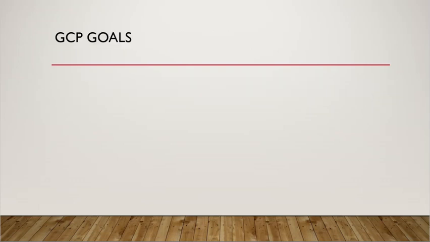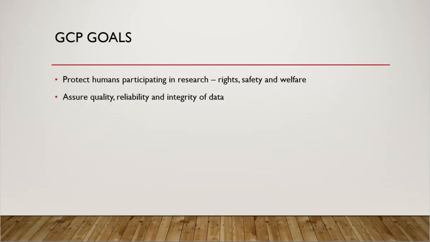Now, they've got ever so many lofty goals: protecting humans, their rights, and safety and welfare, and assuring quality, reliability, and integrity of data. And one of the GCP goals is to have compliant standards and guidelines for clinical research.